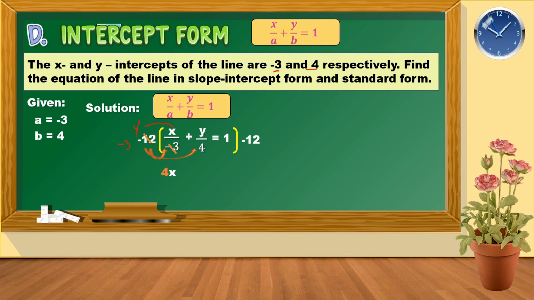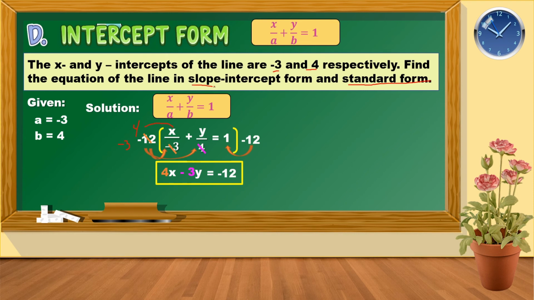Negative 3 times y is negative 3y. Then equals negative 12 times 1 is equal to negative 12. So, meron tayo ngayon ditong 4x minus 3y equals negative 12. As you can see, this one is already written in standard form. So, therefore, this is now our final answer in equation of a line in standard form.